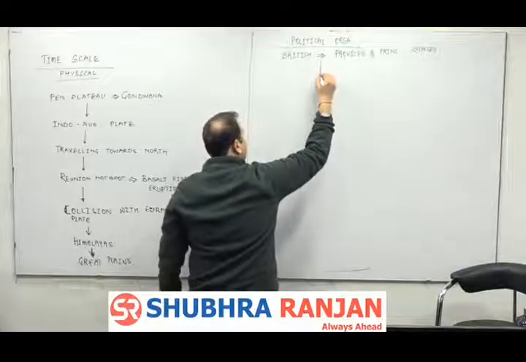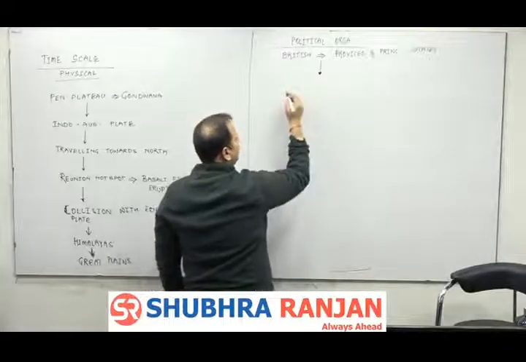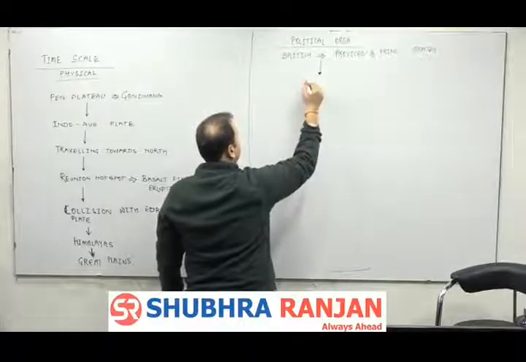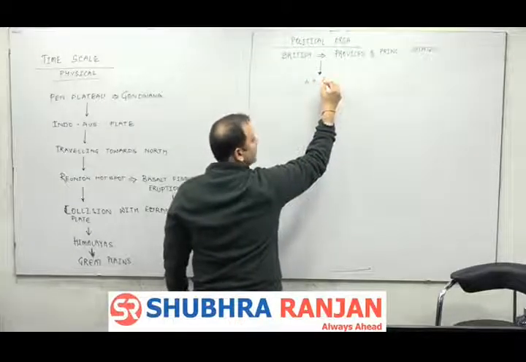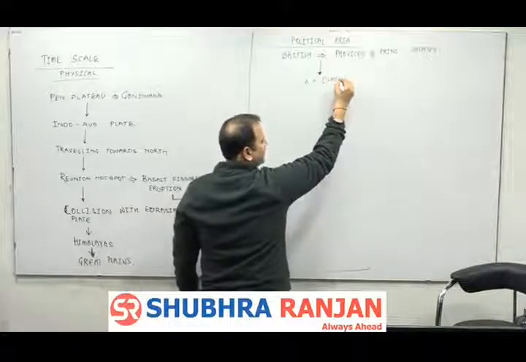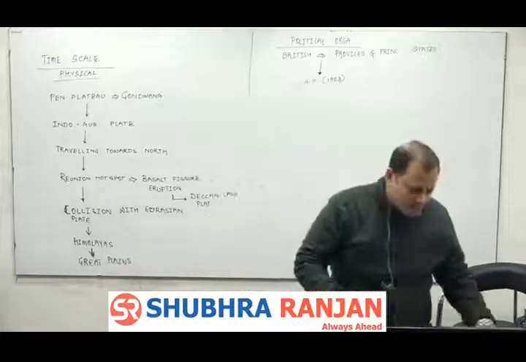Over the period of time we got freedom, there was a demand for separate states, and ultimately the first state that was formed was Andhra Pradesh in 1953, the first linguistic state of India.